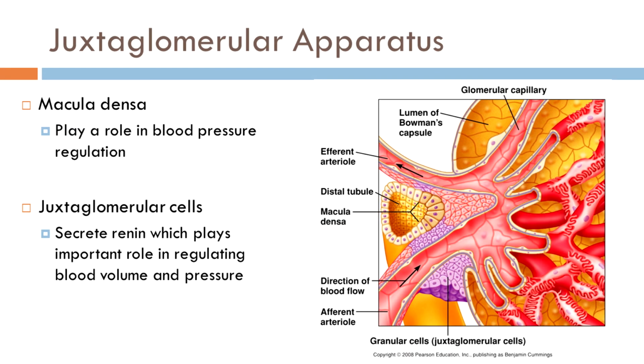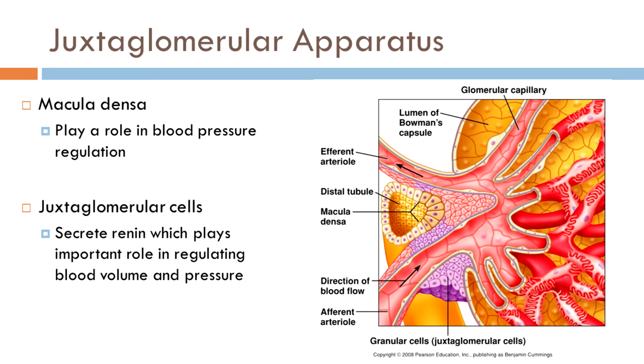And then we have this juxtaglomerular apparatus, a group of cells located here at the intersection, if you will, of the afferent arteriole, efferent arteriole, and the distal tubule.